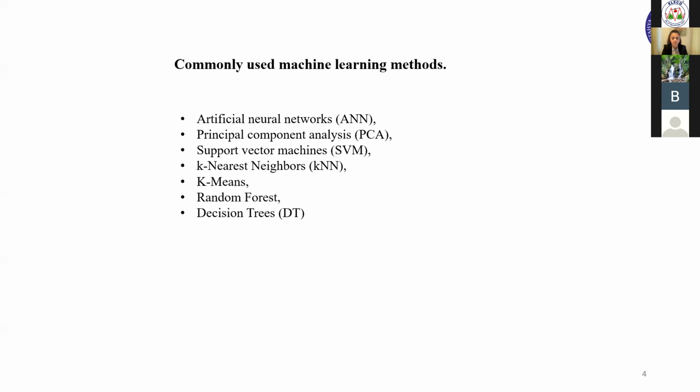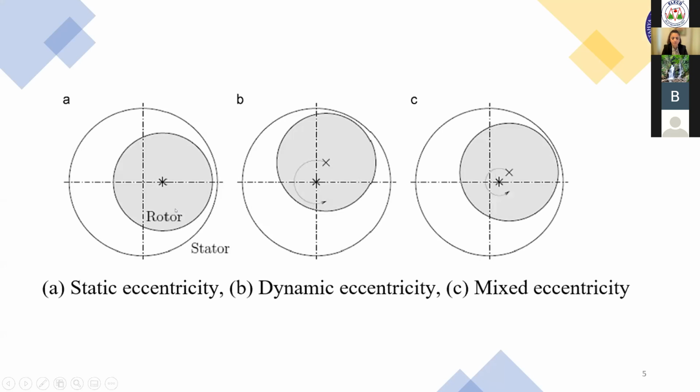The imbalance of the air gap distance between the stator and the rotor of induction motors causes the eccentricity faults. Eccentricity faults can be classified as static, dynamic, and mixed eccentricity faults. Static eccentricity faults are usually caused by assembly faults or oval-shaped rotors.